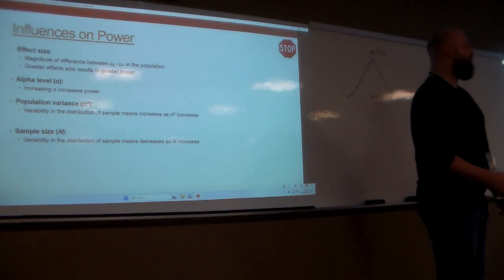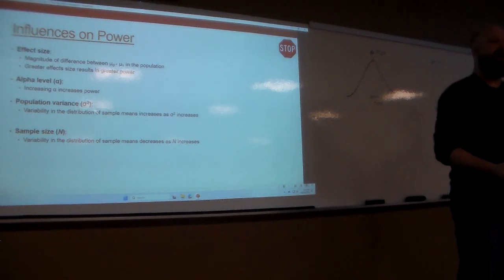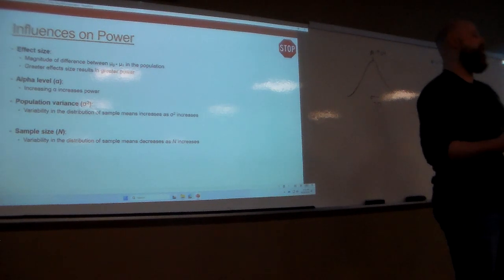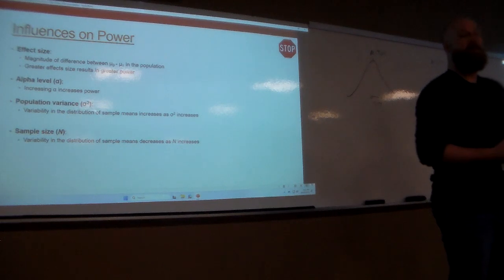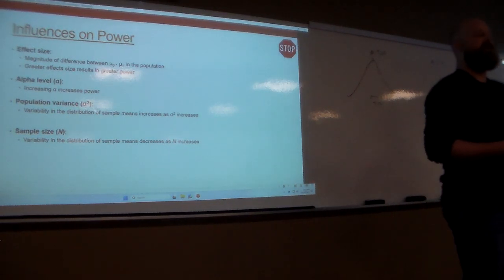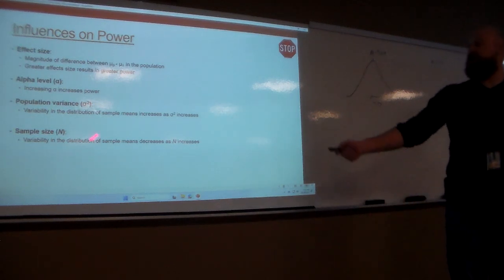Okay. Alpha level: if I increase my alpha level, it increases my power, right? If I say my alpha level is 0.20, then it makes my power bigger, but probably can't get away with that because science won't let you do that, or reviewers won't.